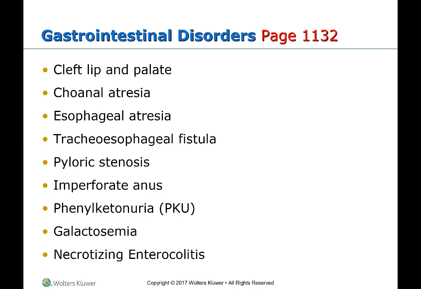Would that perhaps make it more difficult for the pyloric opening to open up and let out the contents of the stomach into the duodenum? Food can't get through there. So baby starts out by vomiting, and later that vomit becomes projectile.